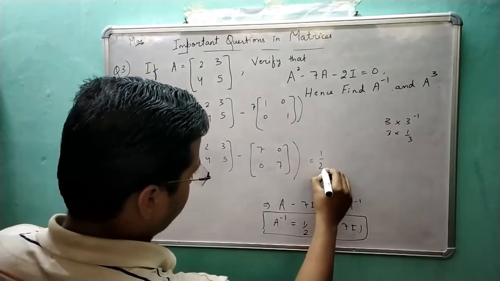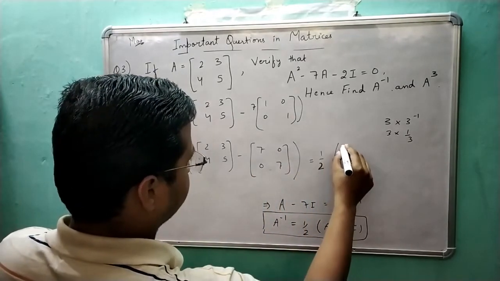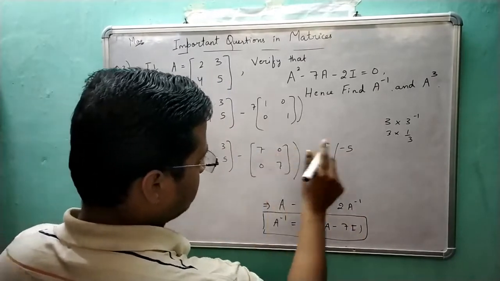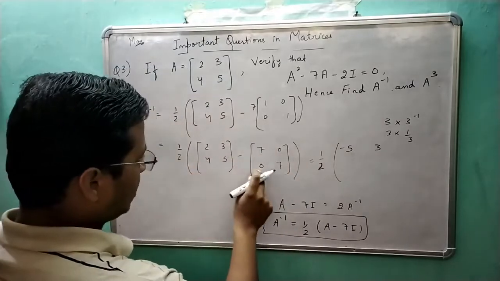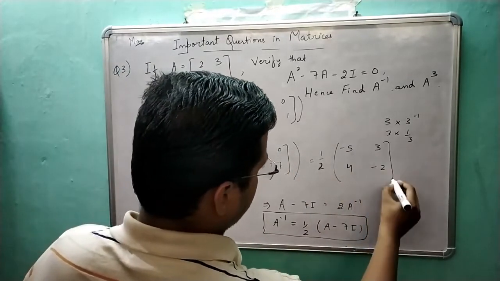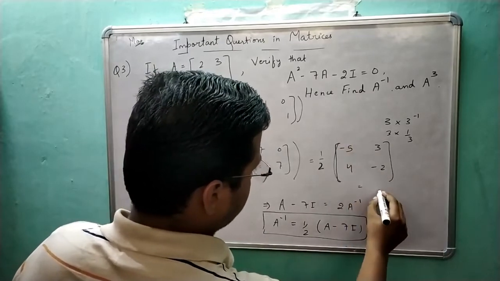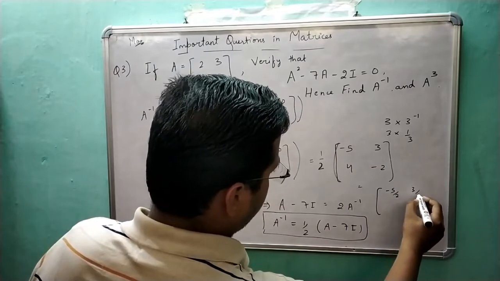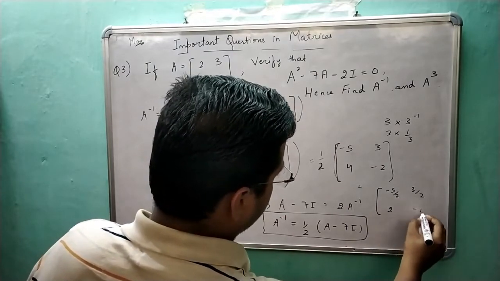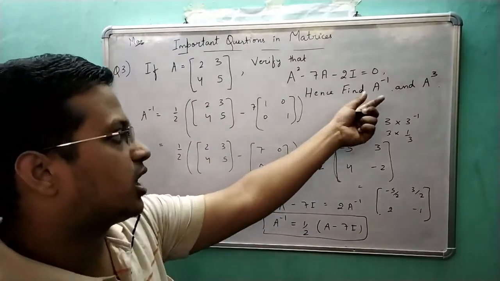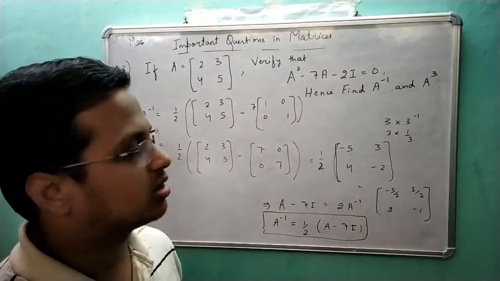So half of 2 minus 7 is minus 5, 3 minus 0 is 3, 4 minus 0 is 4, 5 minus 7 is minus 2. So this becomes [minus 5 by 2, 3 by 2, 2, minus 1]. This is the inverse of A. So we have found A inverse using this equation.